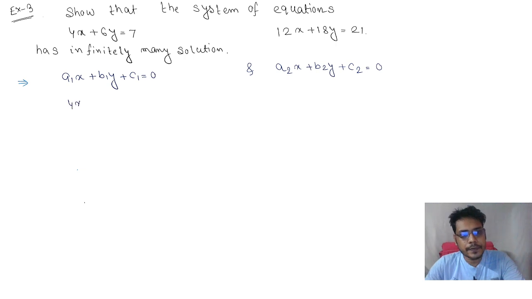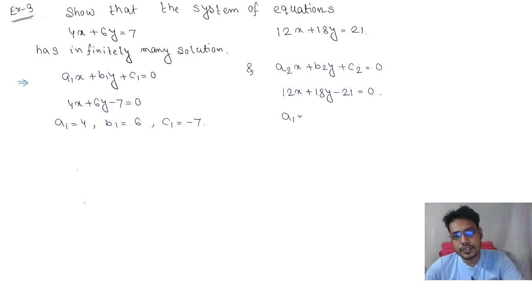Now we can write 4x plus 6y minus 7 is equal to 0, 12x plus 18y minus 21 is equal to 0. So now here a1 is equal to 4, b1 is equal to 6, and c1 is equal to minus 7. Now a2 is 12, b2 is 18 in the second equation, so c2 is minus 21.